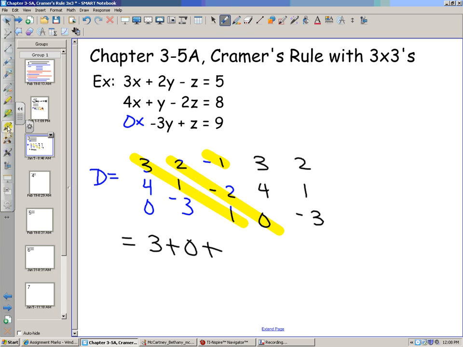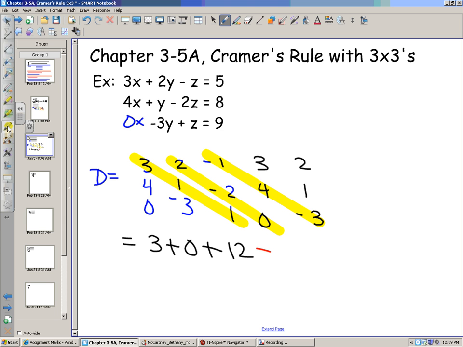Negative 1, 4, negative 3. Positive 12. Okay, did I get them all forwards? Or I should say down. Yes? Now what? When you go the opposite direction, what operation are you doing?